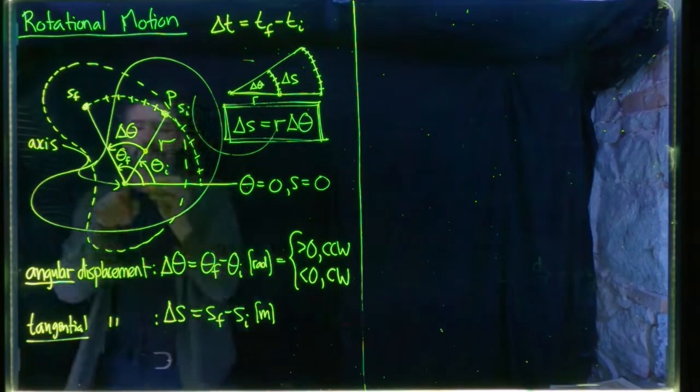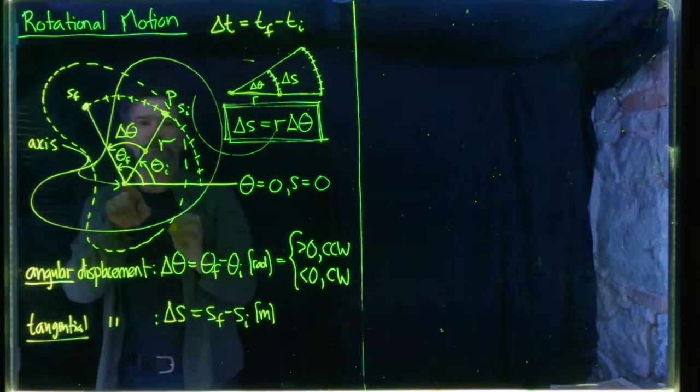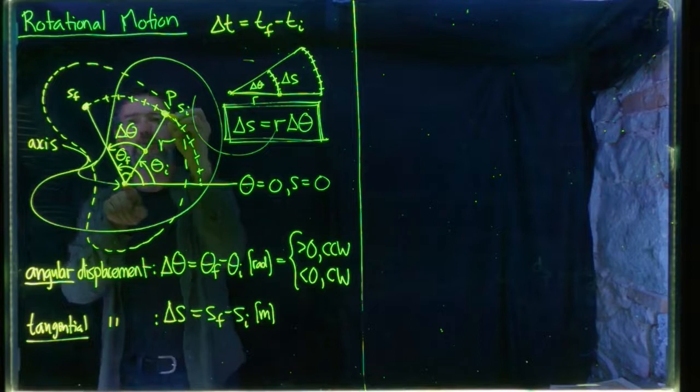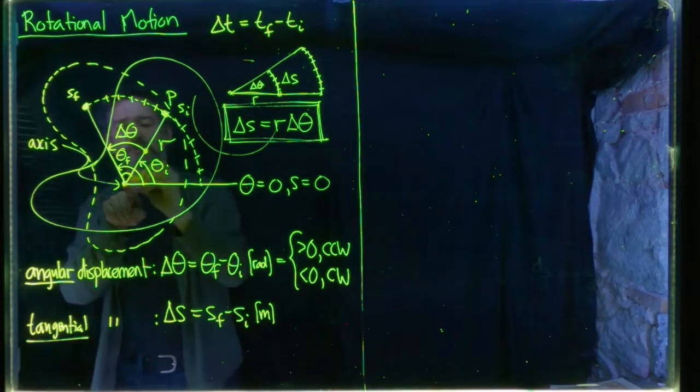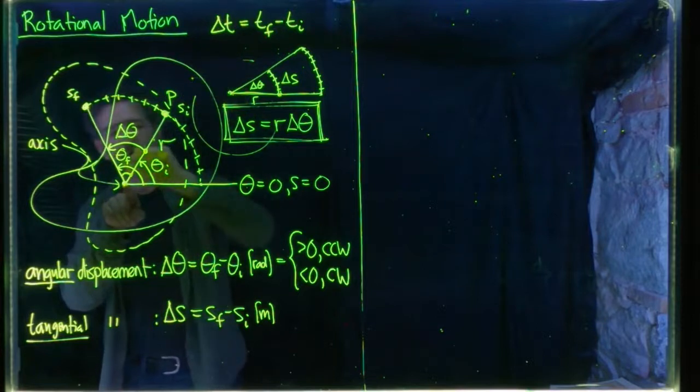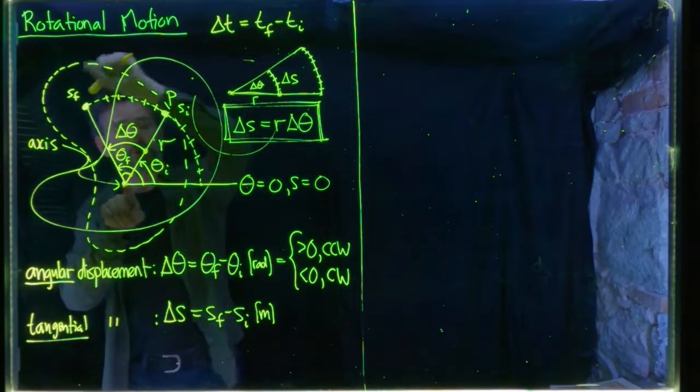Very important. So if you are located very close to the axis of rotation, the tangential displacement is very small, 1 meter. If your point P is located far away from the axis of rotation, then your tangential displacement is much larger. Your tangential displacement grows with the radial distance. Here it's small, here it's larger, and so on.